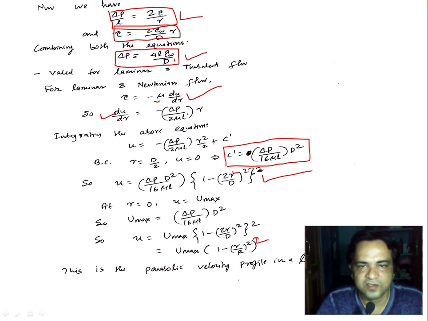Sorry, in the velocity profile there will be no square on the 2r by D term; only 1 minus r square by R square. So the velocity profile u, which is a function of radial coordinate only, is equal to u max into 1 minus r square by R square. So it is a parabolic velocity profile.